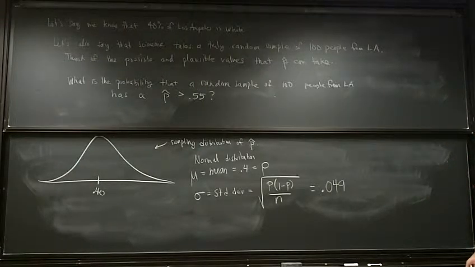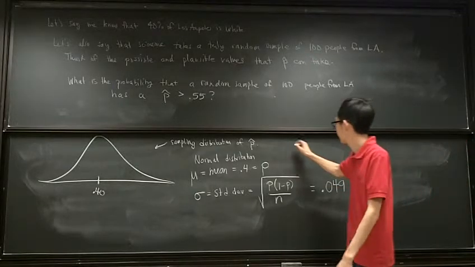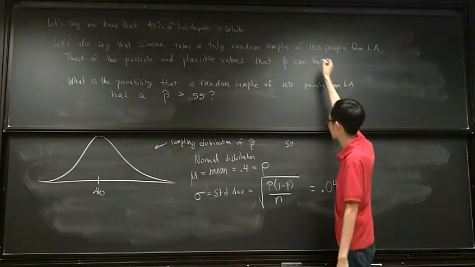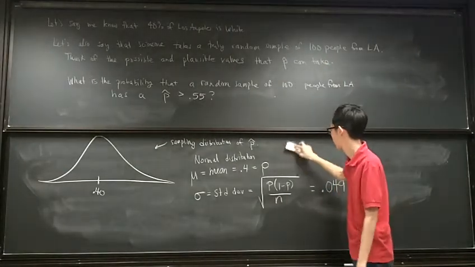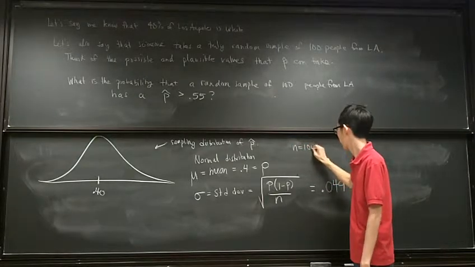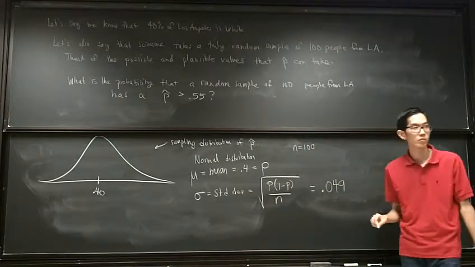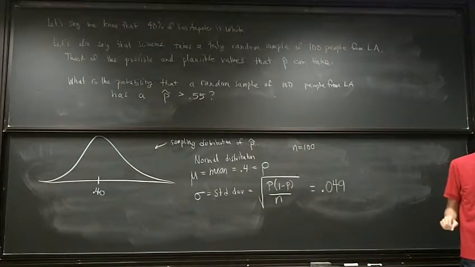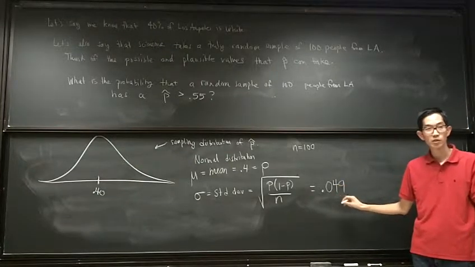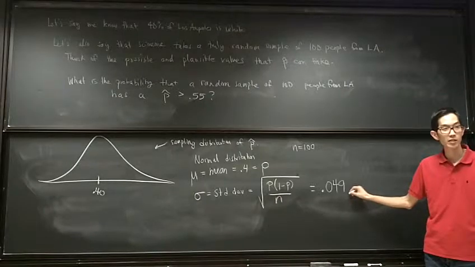What was our sample size? It's 100, samples of size 100, of 100 people. Okay, so when you plug in the values, I'm hoping this is the number you get.